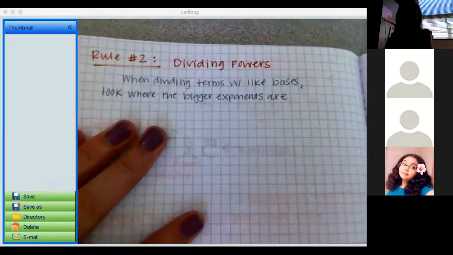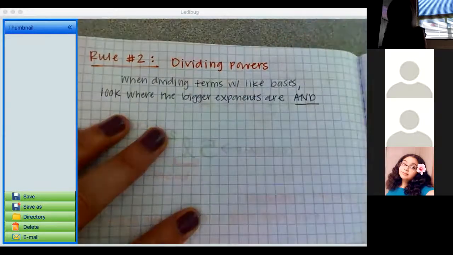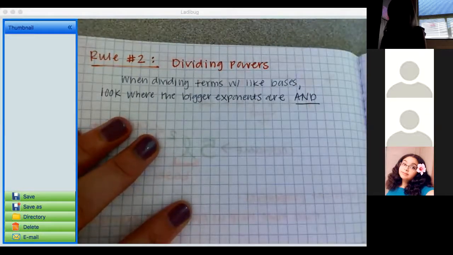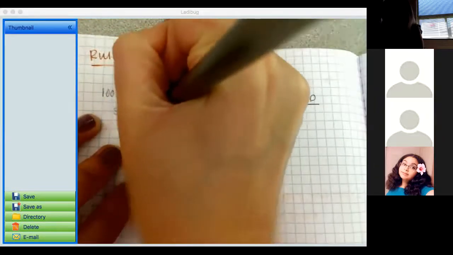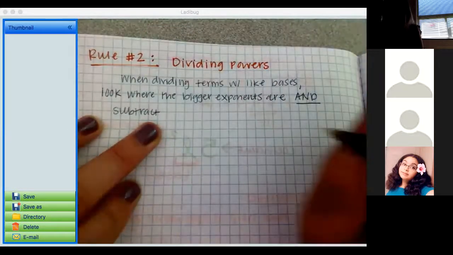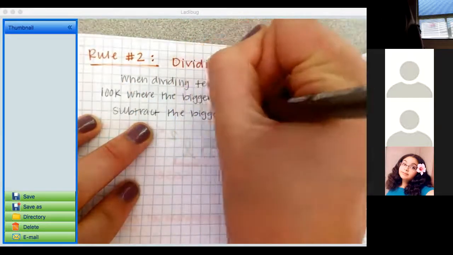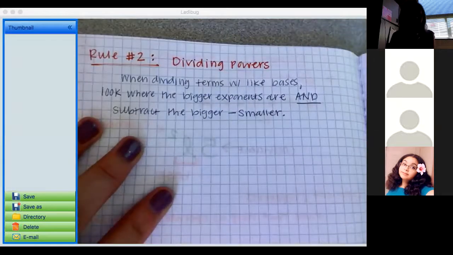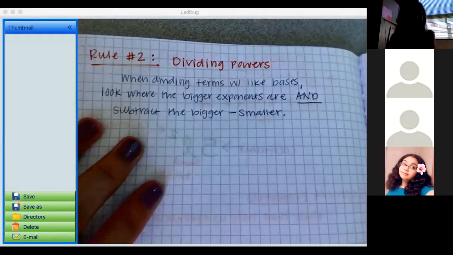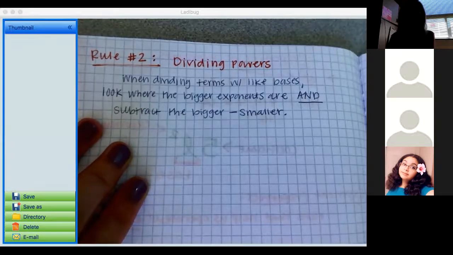We're going to look where the bigger exponents are. And we're going to subtract them, but make sure you do the bigger one minus the smaller one. We'll talk about why we have to do that when we get to rule number 4.